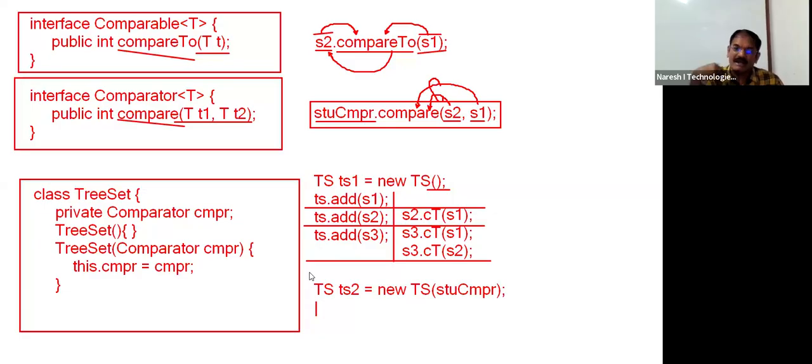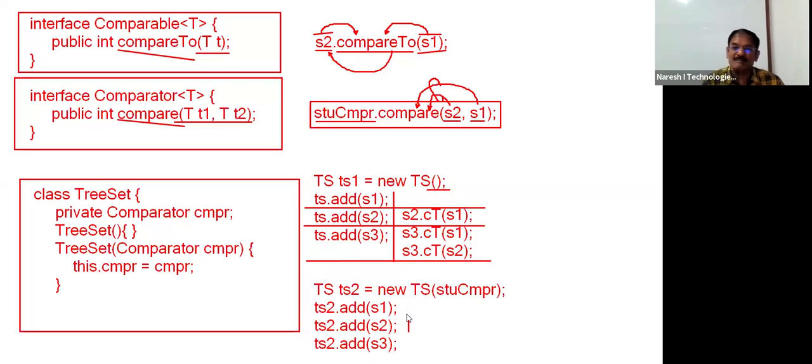Okay, very good, StudentComparator. I will write the code further separately. ts2.add(s1), ts2.add(s2) and ts2.add(s3), same objects I am storing. Now what is compared now?